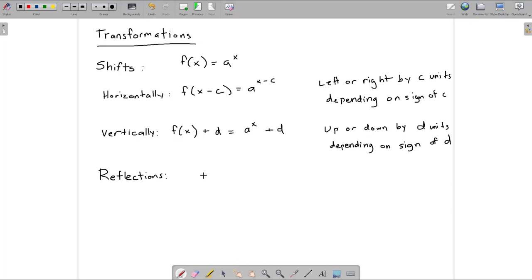We can also look at reflections of the graph f of x equals a to the x. If I want to reflect over the x-axis, I have to make my f of x the opposite sign, because that will take me into negative values essentially. So this will become negative a to the x.